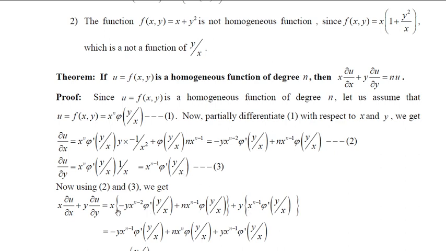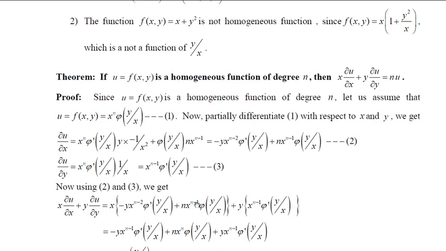Substitute it. Now multiply this throughout by x. So x into this. Because here x to the power of n minus 2 is there, and you are multiplying this by one more x so that we can add the powers because their bases are the same. So you will get n minus 2 plus 1, which is n minus 1. So minus y into x to the power of n minus 1 into phi dash of y by x. That is your first term.